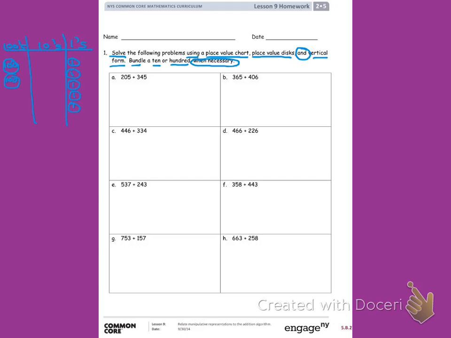As you can see, I'm putting 5 in a column. That way, my picture will look more like a tens frame. Now that I've drawn the number 205, I need to add 345 to it. So 345 has 3 groups of 100.